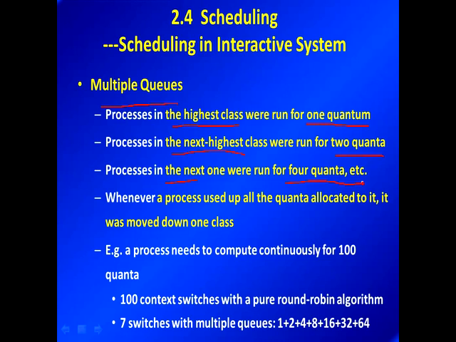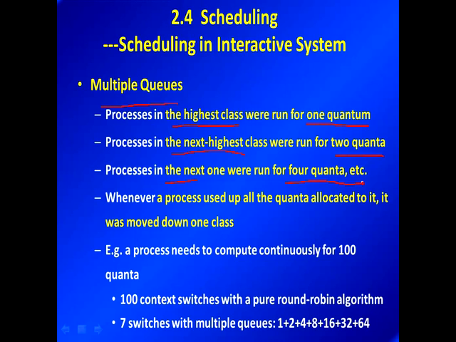But it's also fair. It's also not so unfair for those compute bounded processes, because if they can't finish their jobs in the higher class, they'll be moved on to the lower class, and in the lower class, the next time when they get the CPU, they can have much longer time to run many more instructions.